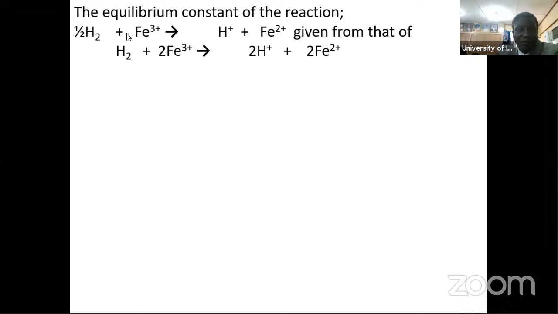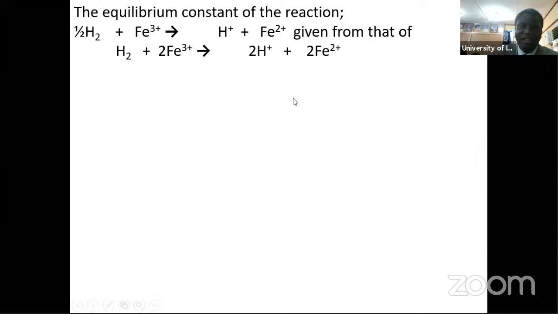You have half H2 giving H+, and Fe3+ giving Fe2+. If you look at this, you discover that you have the same species in the two reactions, except that in one case you have half hydrogen instead of H2, and here you have H2 plus 2Fe3+ to give 2H+ and 2Fe2+.